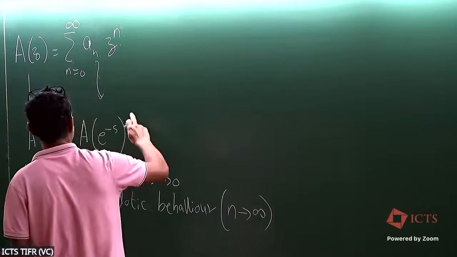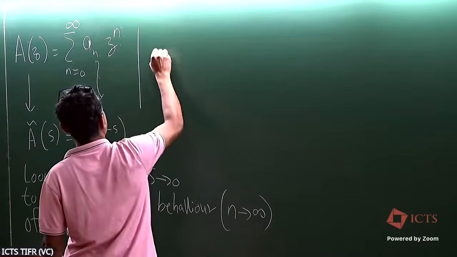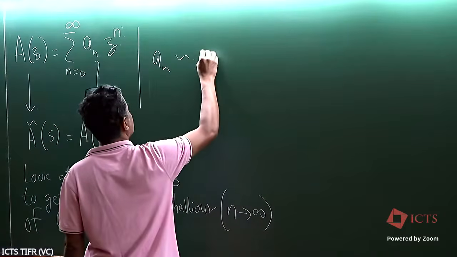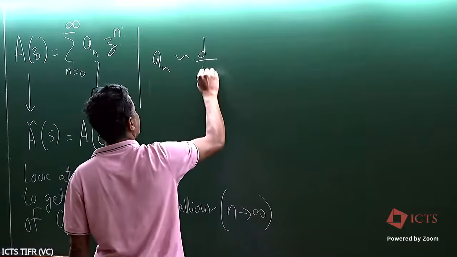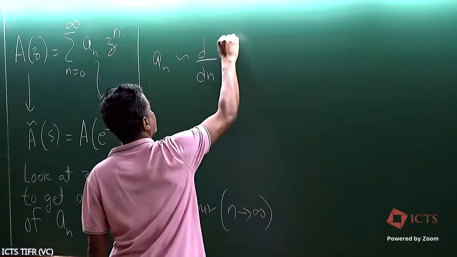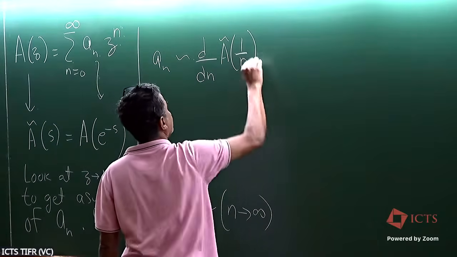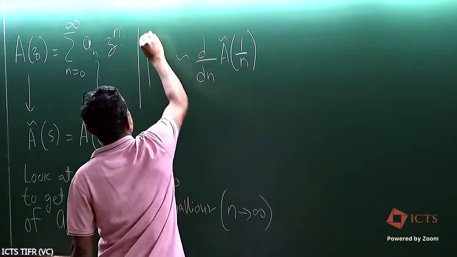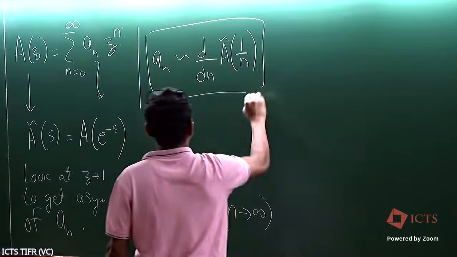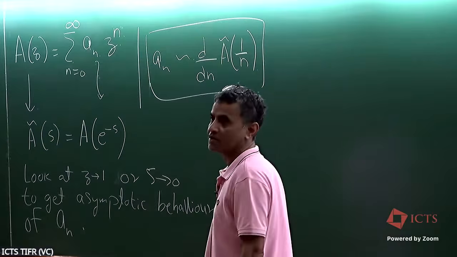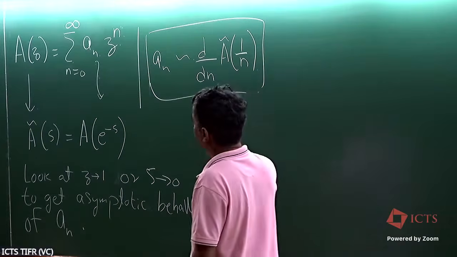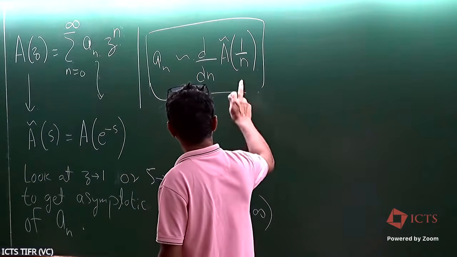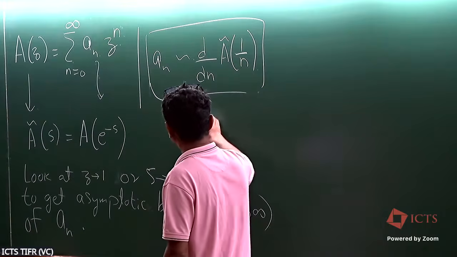And then we said that a_n goes as this for large n. For the 1D random walk, we saw that this leads us to P_n.